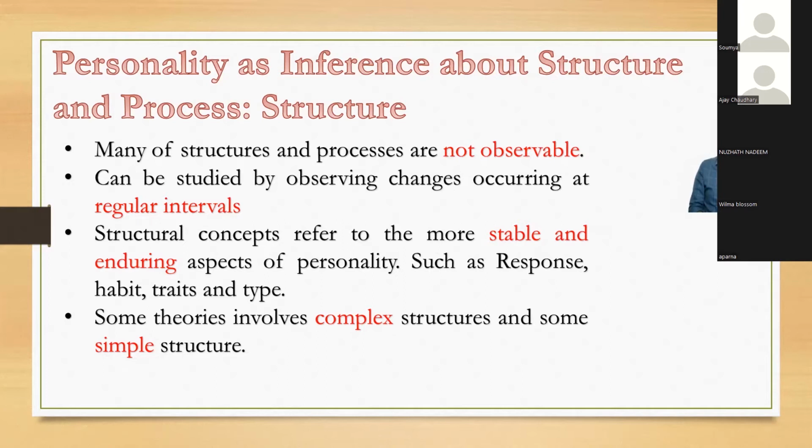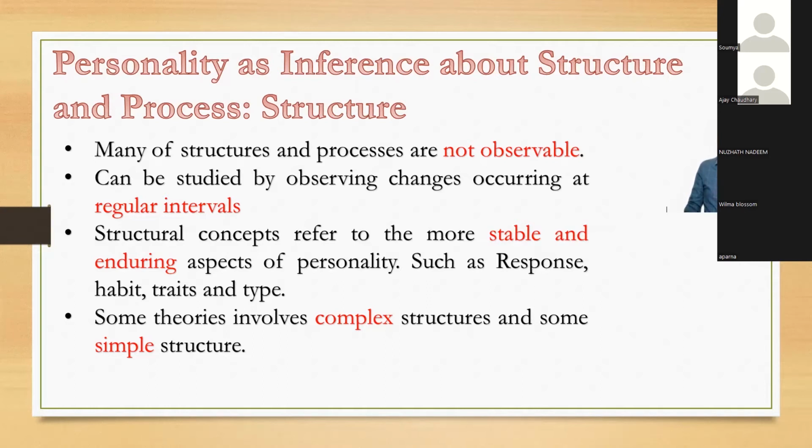Structural concepts refer to more stable and enduring aspects of a personality. As I said, what are stable? If we study stable things, we need to have some base, some reference. So structural concept mostly depends on structure, the stable and enduring aspects of personality, such as response, habit, traits and types.